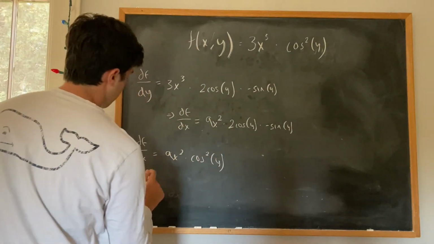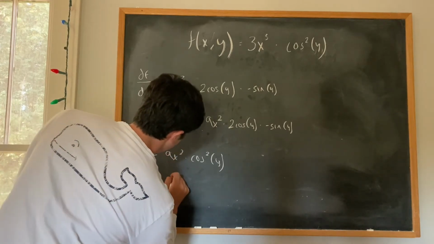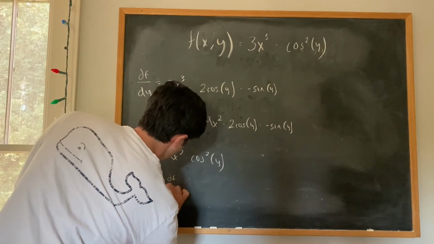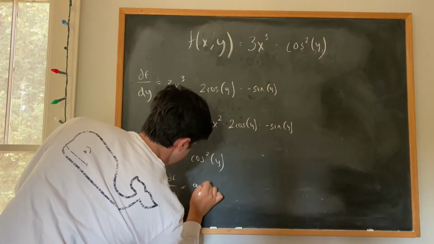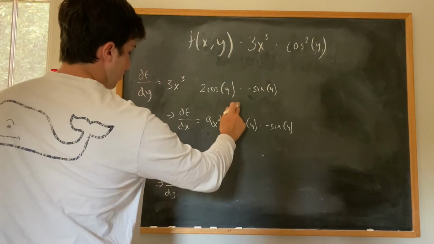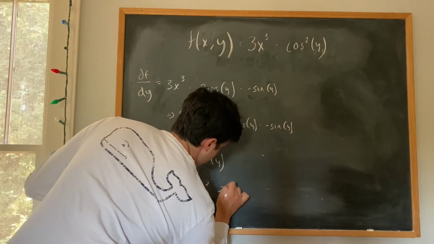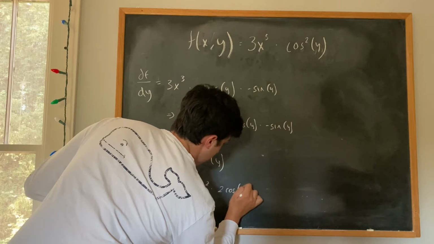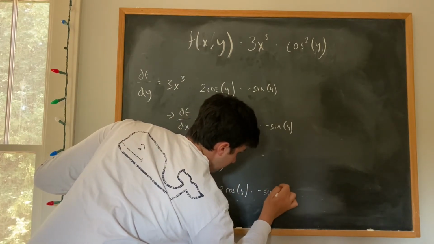Then, if I take with respect to y of this, I'll end up with, again, 9x squared. And then here, cosine squared y will become 2 cosine y times negative sine of y.